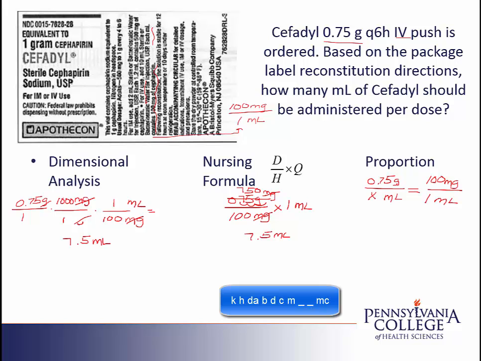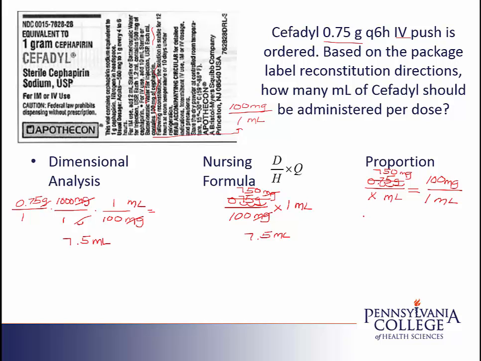And so I remember King Henry died by drinking chocolate milk full of microorganisms. The G is a base unit, and I have to move my decimal 3 places to get 750 milligrams. Now I have a true proportion because my labels match, so I use the cross product.